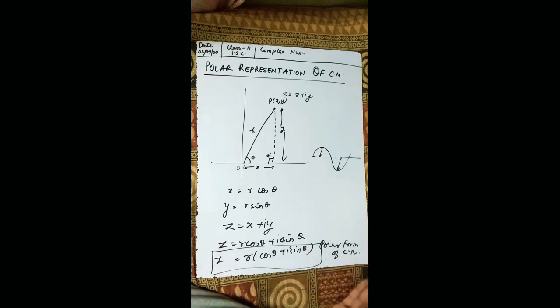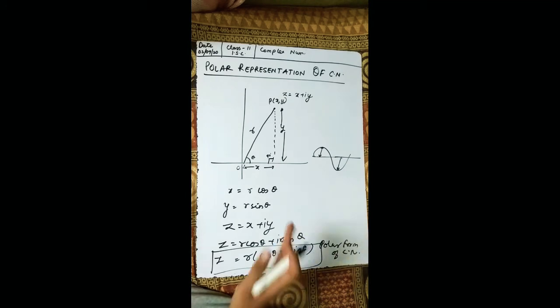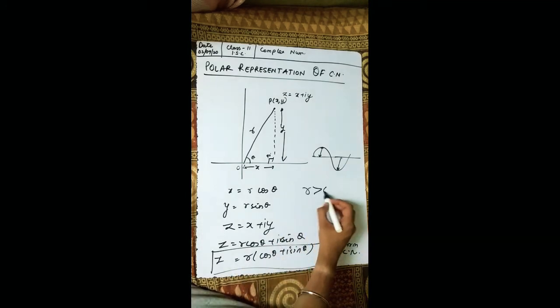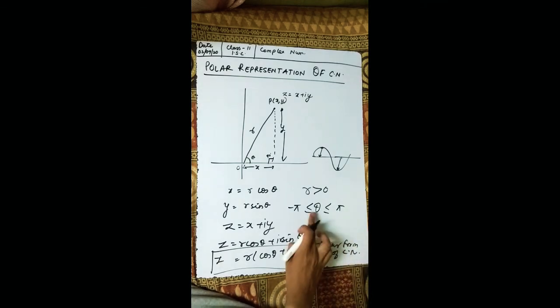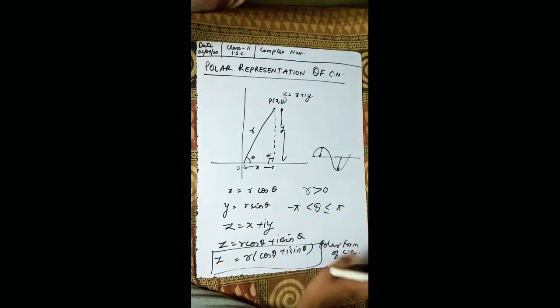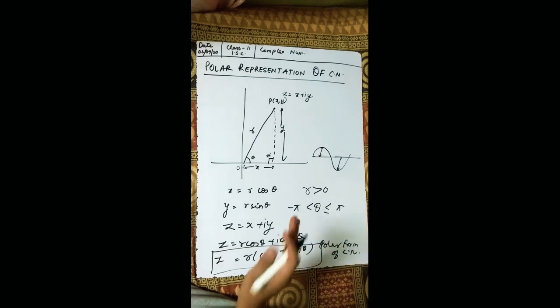Now you have to keep in mind some conditions. As r is always greater than 0, this is the first condition. Second condition, your theta lies between minus pi to plus pi. You have to remember this thing. Okay, and one more thing, the complex number 0 cannot be put into this form.